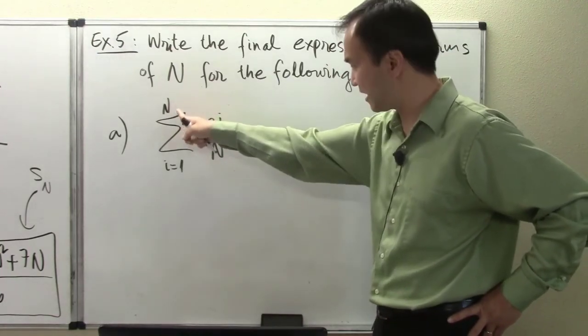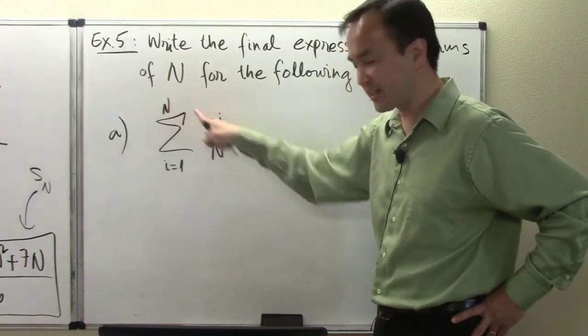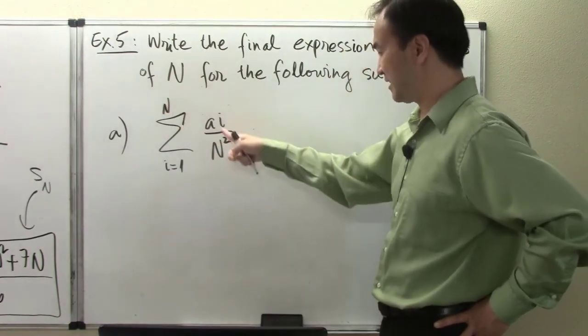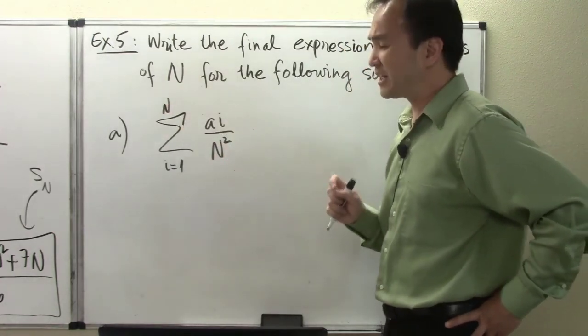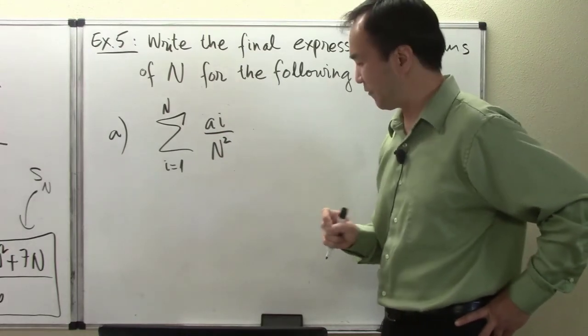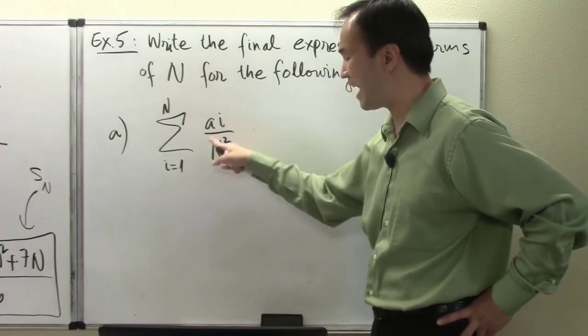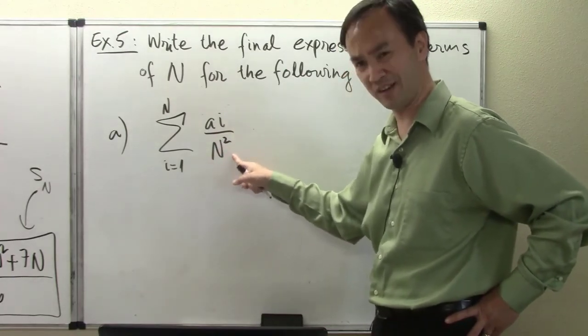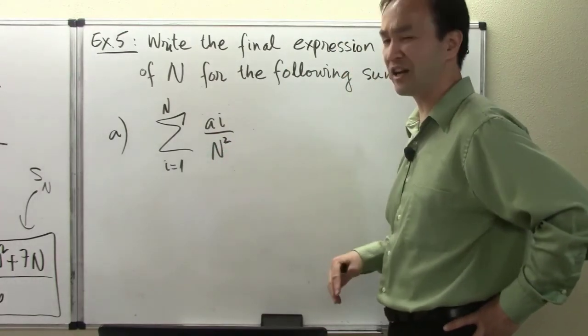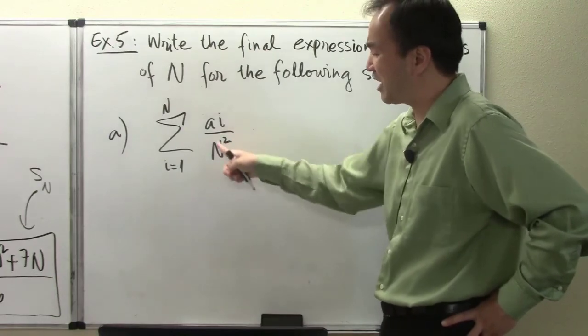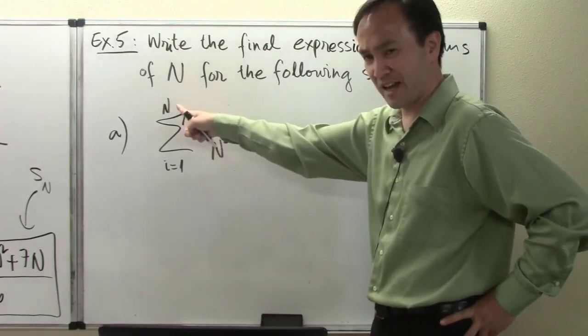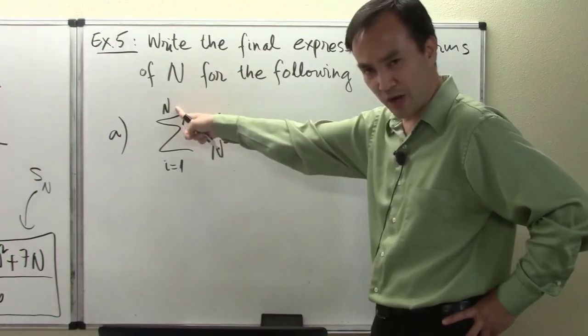Here it's a lowercase n and here it's also a lowercase n, and then there's the a. The reason my students got hung up before is because they got confused and worried about how they should treat that n squared expression in the denominator, since it's the same variable as that.